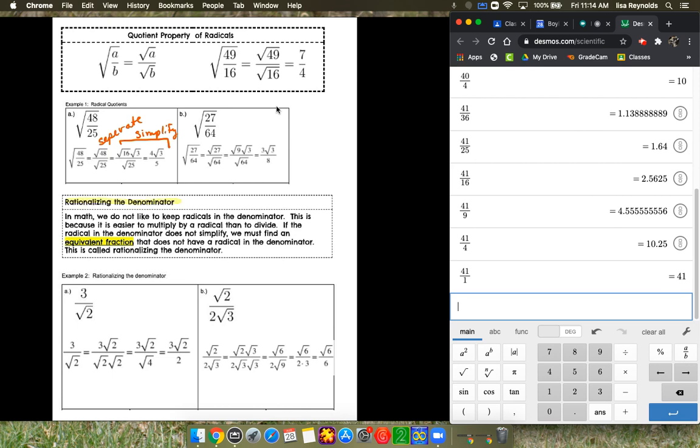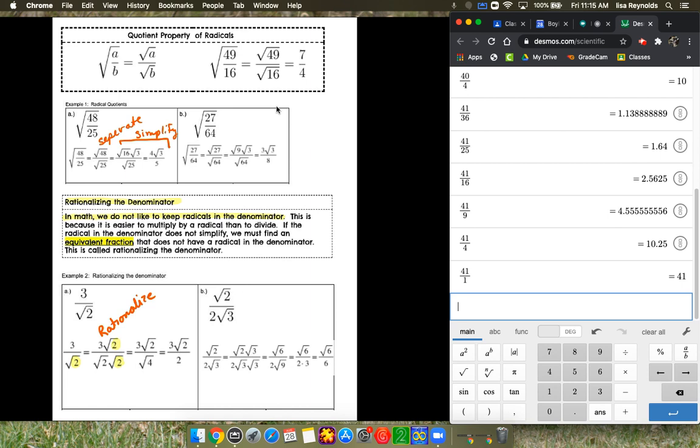Rationalizing the denominator. In math, we do not like to keep the radicals in the denominator. So in this particular process, we multiply both parts of our division problem by the radical in the denominator. So we are going to rationalize. So the radical that's in the denominator, we multiply by both parts of the fraction.